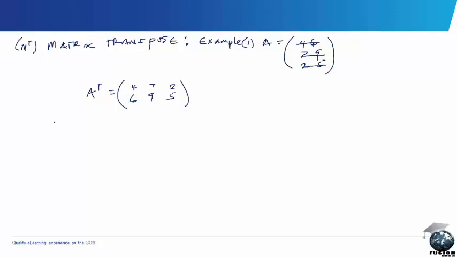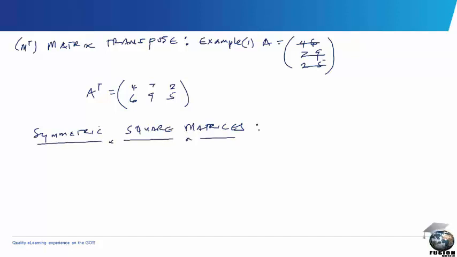Symmetric square matrices. Let's talk about symmetric square matrices. A symmetric square matrix is a matrix whose transpose is equal to the original matrix, the same as the given matrix.